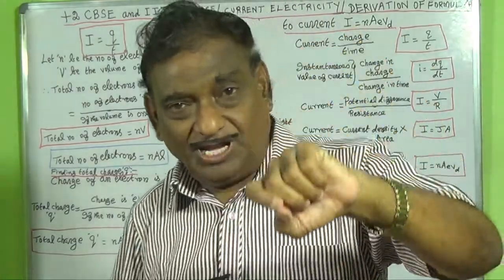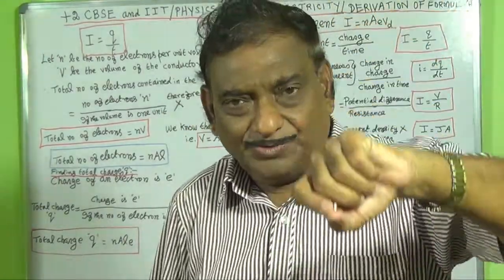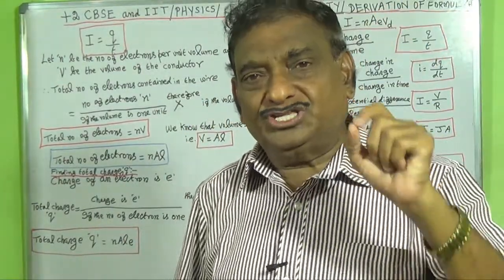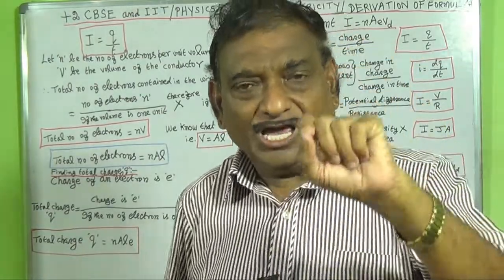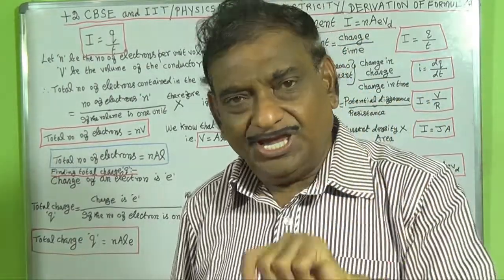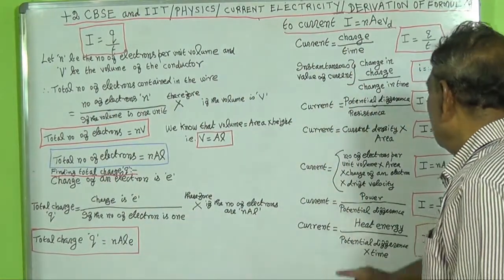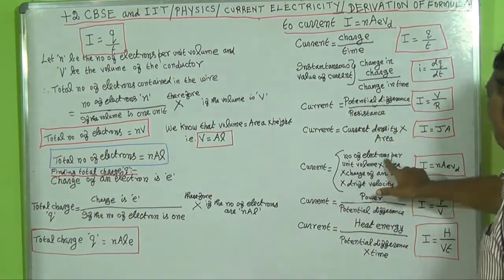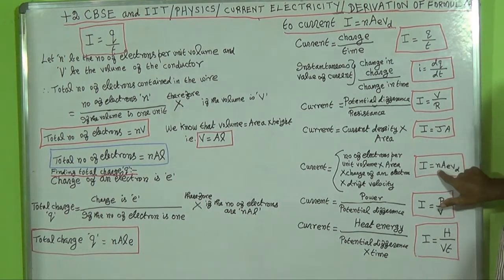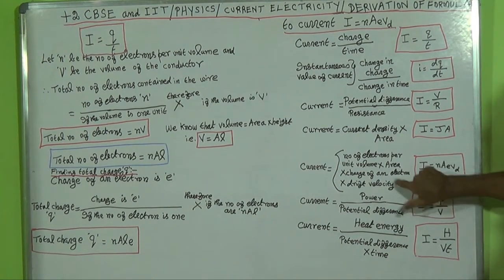What is this capital A? The cross-sectional area of the conductor. What is this e? The charge of an electron. What is Vd? Vd is the drift velocity of the electrons. So current equal to number of electrons per unit volume into area into charge of an electron into drift velocity.